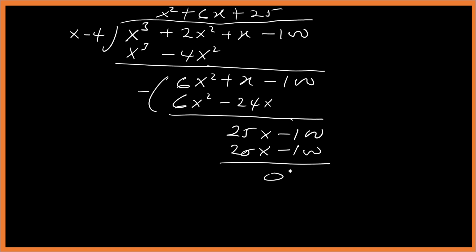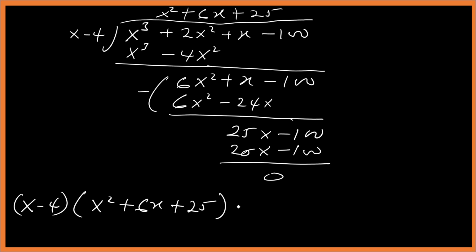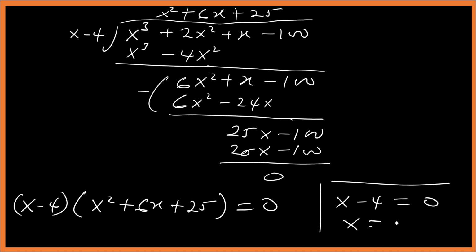So this side will be 0. Therefore, we have the first factor x minus 4 multiplying the result x squared plus 6x plus 25 equals 0. So the first answer is x minus 4 equals 0. Therefore, x equals 4. So let's look at the second one, x squared plus 6x plus 25.